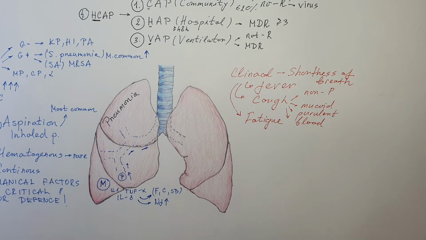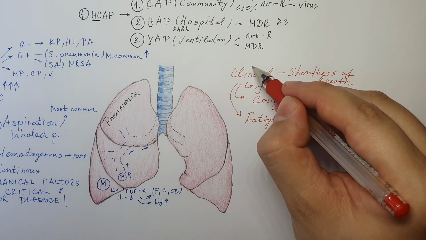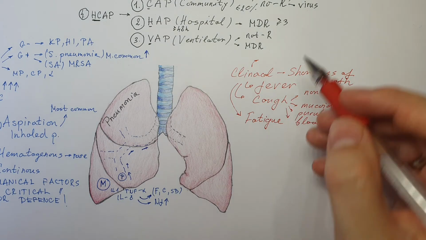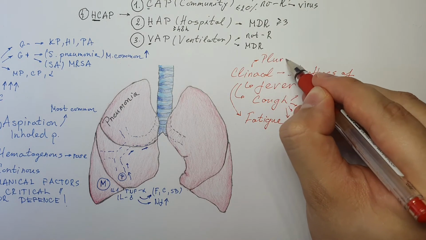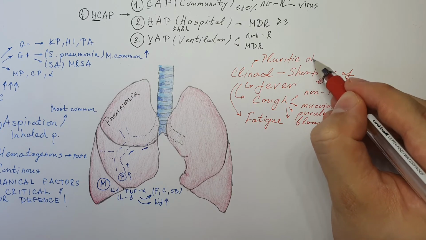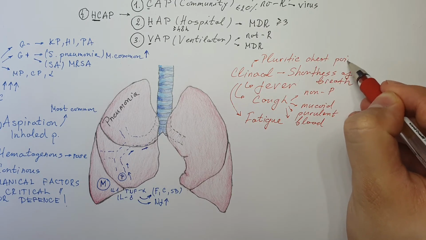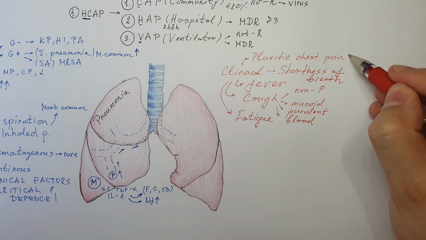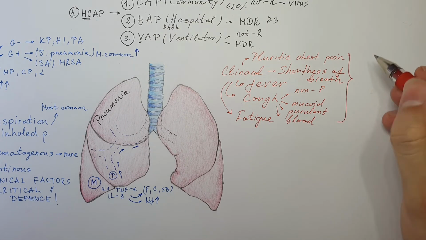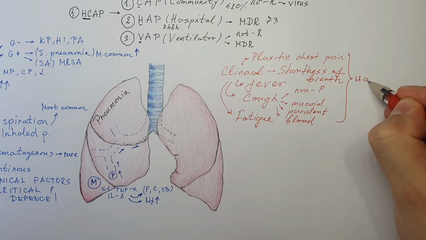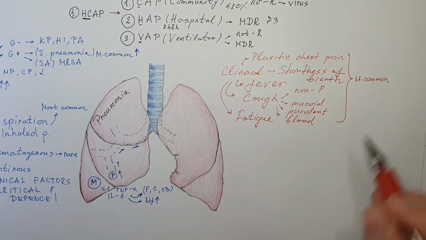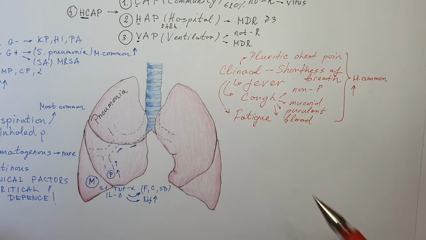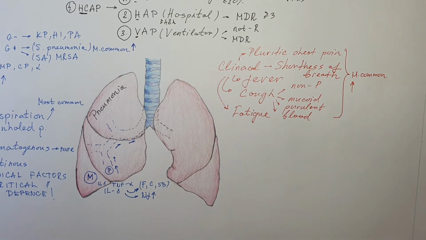Sometimes, if the pleura is involved, there can be a specific chest pain called pleuritic chest pain. So I would say that these clinical factors are the most common ones you would see in a patient that has an ongoing pneumonia.